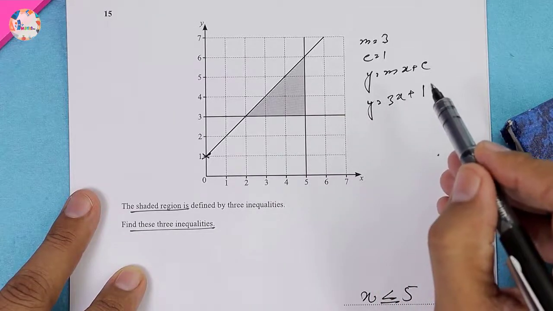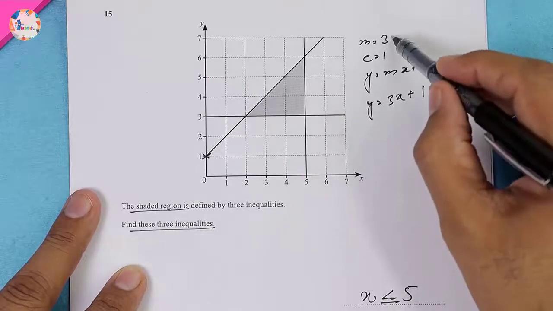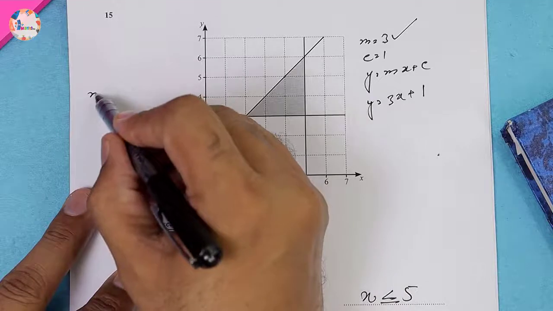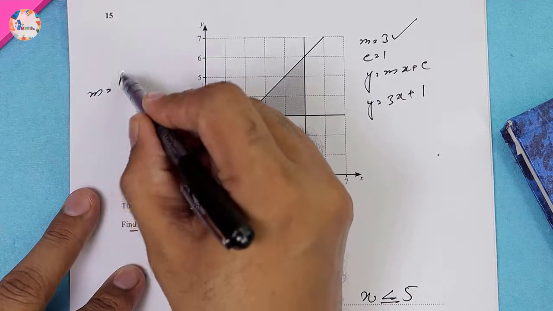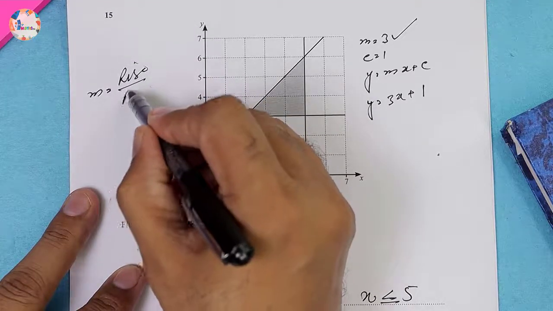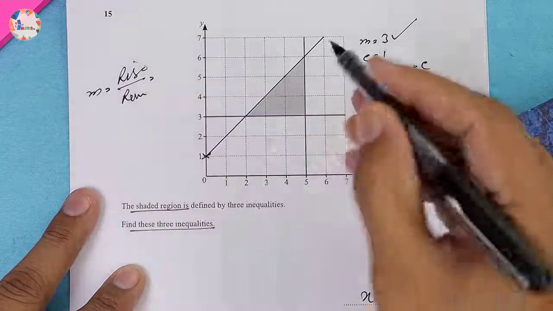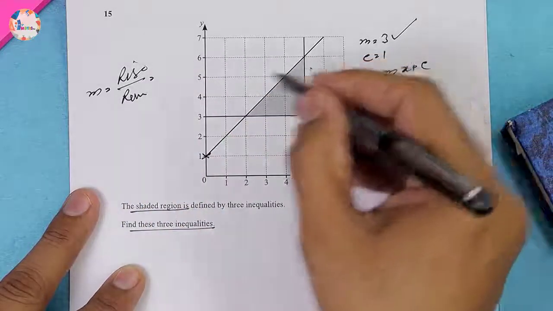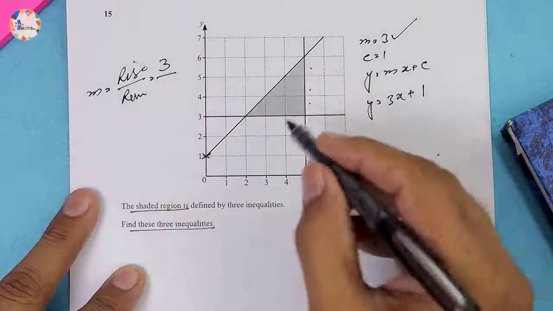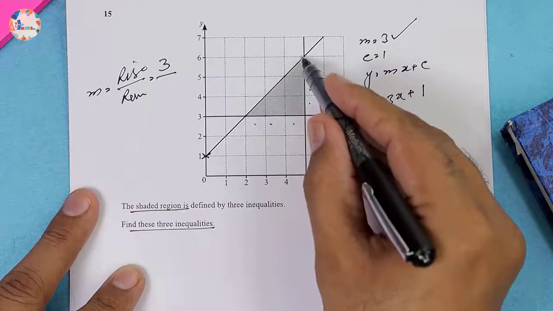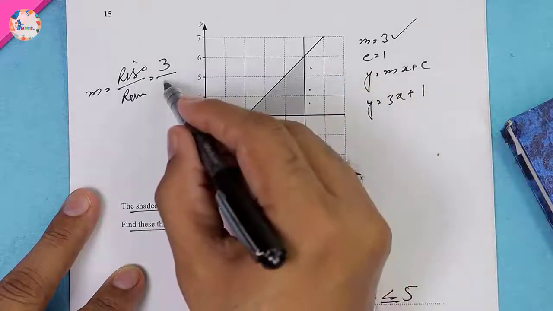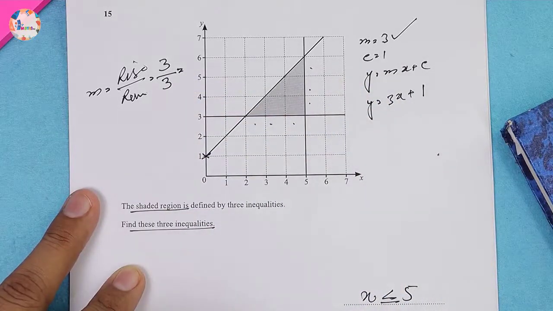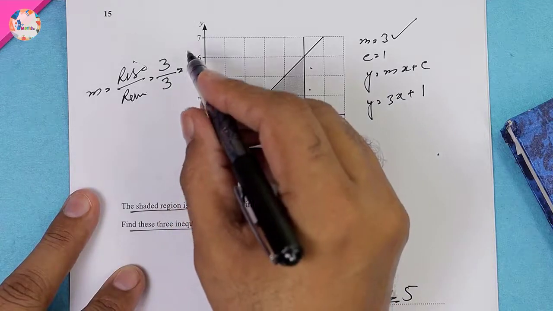And if you are confused about how we got this gradient, we can show m is equal to rise over run. Rise in this case is 1, 2, 3 units. So we can write 3 over run, which will be 1, 2, 3 units. We are considering this triangle, so this will be 3 over 3, which is basically 1.